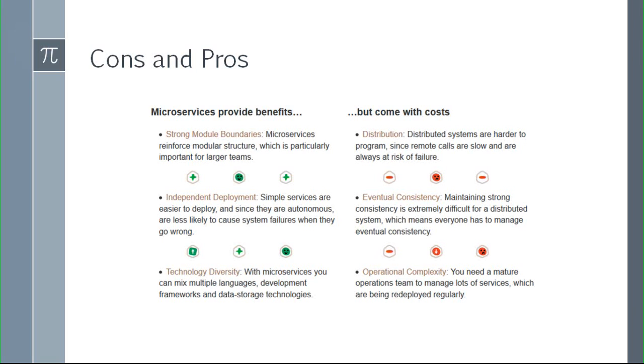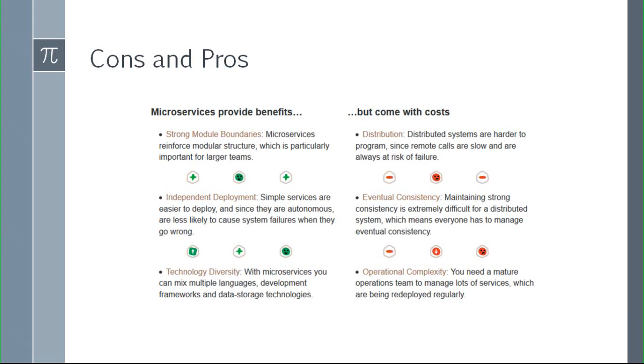But in microservice architecture, based on Eric Brewer's suggestion and articles, you should use the BASE approach. BASE is the abbreviation of basically available, soft state, and eventual consistency.